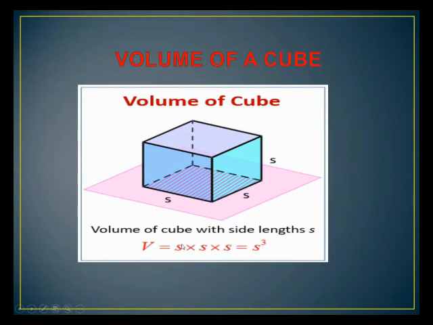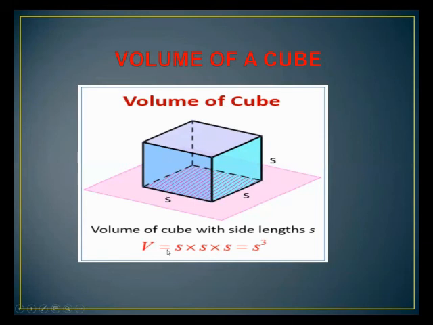If we add the exponents, the answer is 3. 1, 2 and 3. 1 plus 1 plus 1 is 3. So that's why we get a formula as the product of the three sides. When we multiply the sides of any cube, we will get its volume.